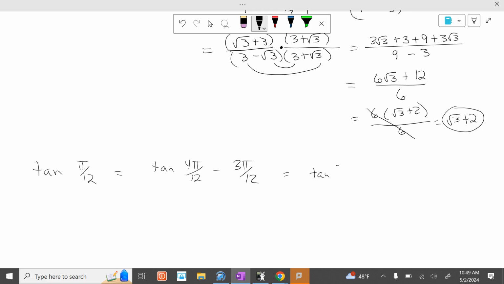It's the tangent of pi over 3 minus pi over 4, which is the tangent of pi over 3 minus the tangent of pi over 4 all over 1 plus the tangent of pi over 3 times the tangent of pi over 4.